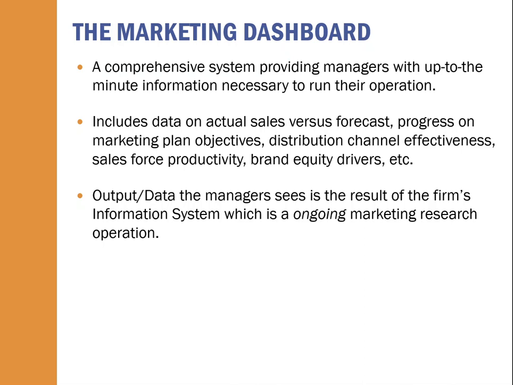And then that data is assembled and then displayed for the manager to use. So this might be an outcome specifically of a marketing information system or a set of systems that include gathering information, putting it into a big database, managing that data, organizing it, and then having it display in a way that's useful for the manager.